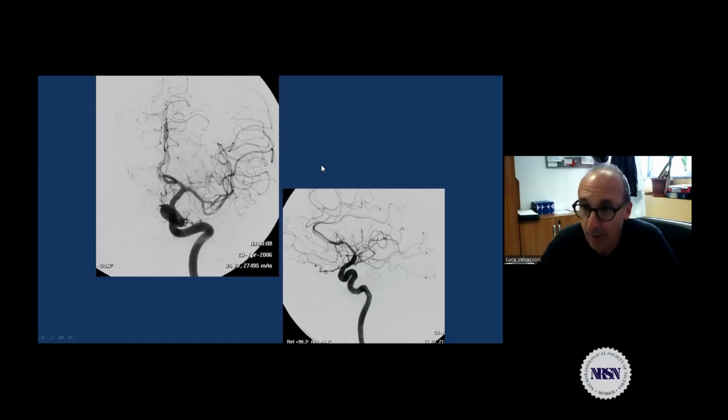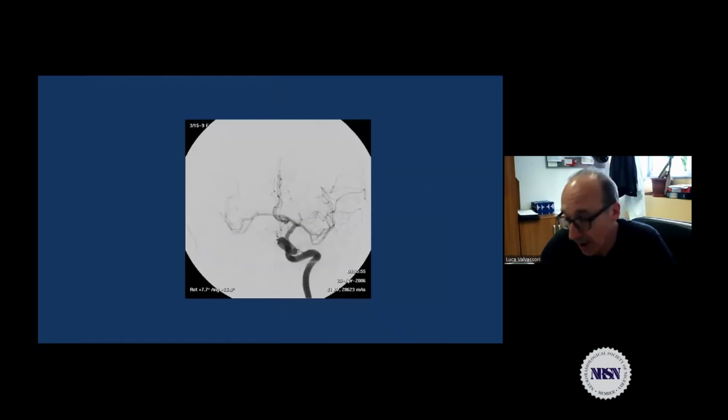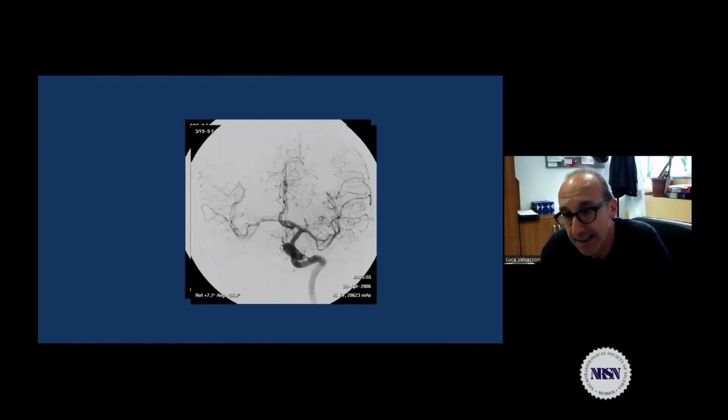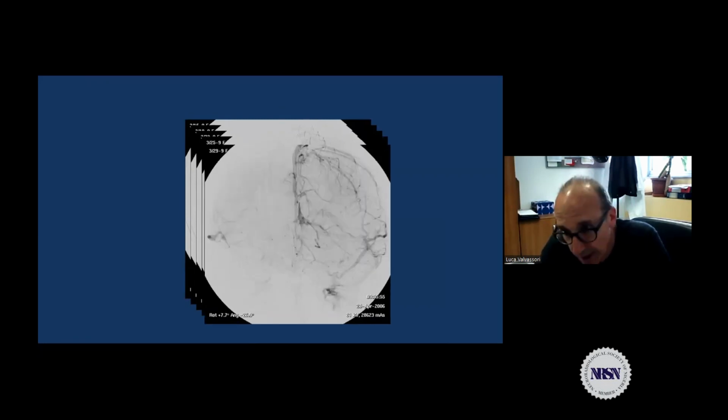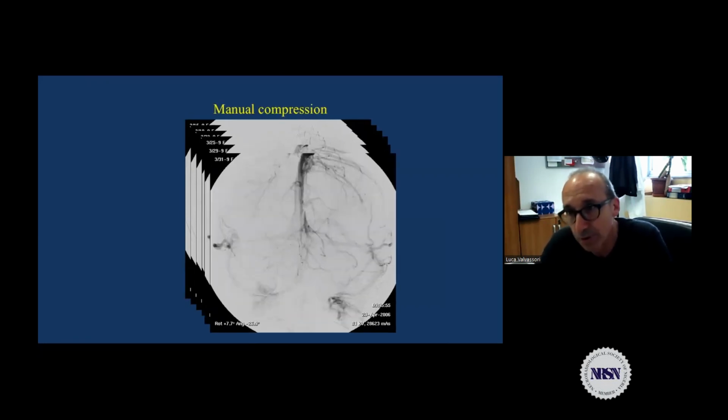And what we do is see how the right hemisphere is vascularized so that we can understand what we can do for this lady. This is a manual compression of the right carotid artery while injecting the left side. And as you can see, there's a good cross-filling through the anterior communicating artery, which is a good thing. Why is it a good thing?